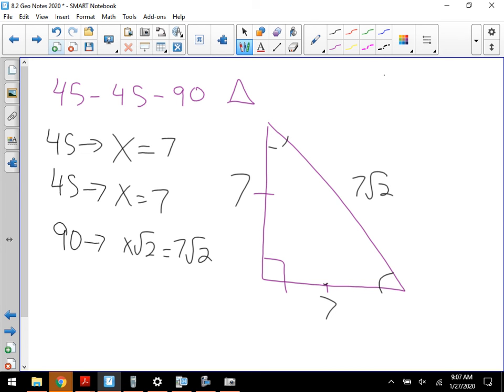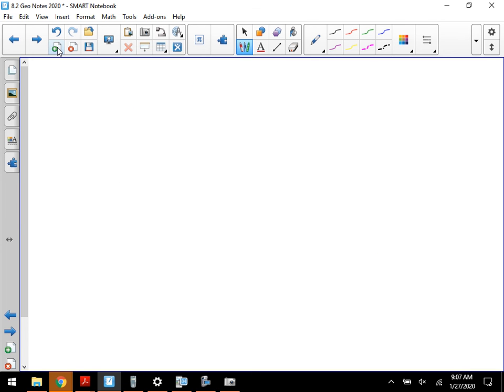It doesn't change. The only thing that's a little bit weird with this one is if you're given across from the 90 and it doesn't have the root 2. For example, is it a 30, 60, 90 or 45, 45, 90? 45.